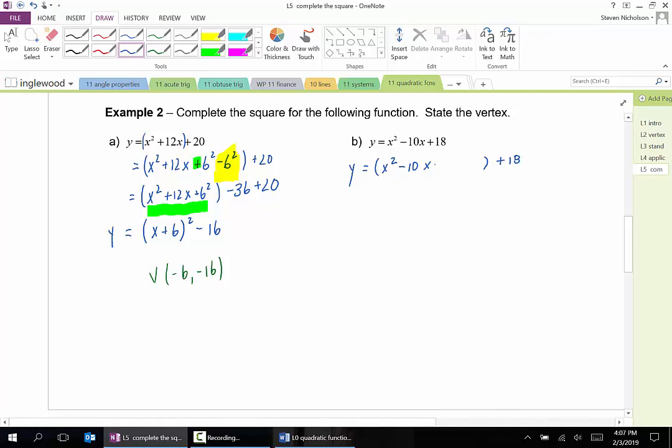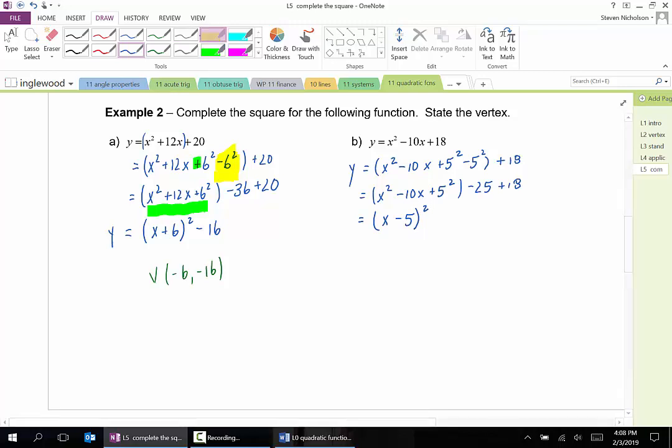So we take half of negative 10, which is negative 5, and when we square that, we get positive 25, and I'm just going to write it like this now. And again, we can't just add 25, we change the question, so we have to counteract that. Then we're going to take out that last term, and again, it's always going to be negative, and I'm just going to take it out as a negative 25, and the brackets turn out to be a perfect square.